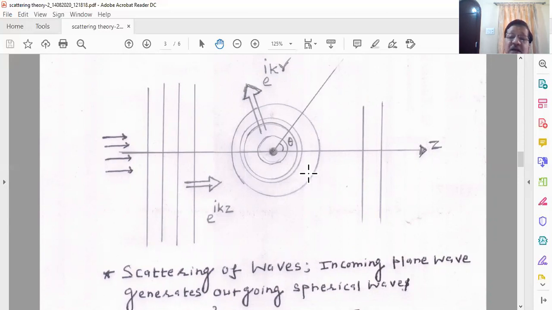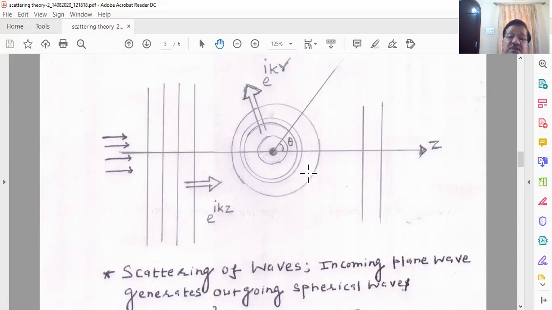We will see how to identify the S wave, P wave, and D wave. Our basic point is that the scattered wave, diverging in a radially outward direction, is of different types.